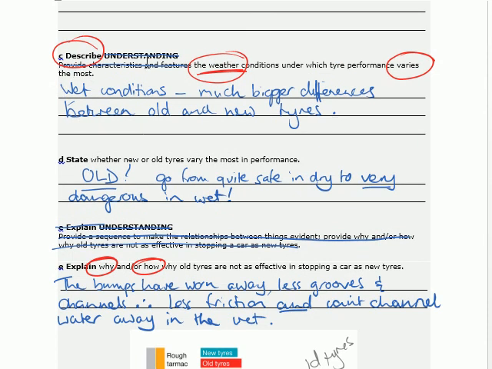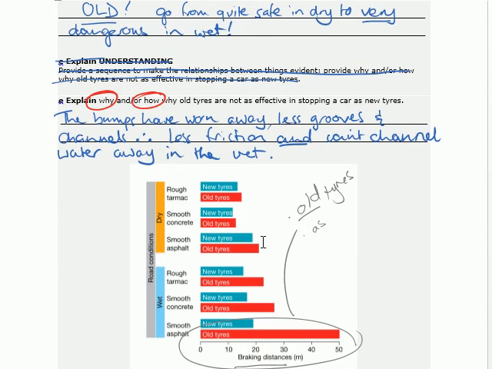Part C, describe the weather conditions under which tyre performance varies the most. Okay, so what we're talking about is the weather, not the road surface. And we're talking about it varying the most, so the biggest difference between the different things. So looking at the graph again, all of these, see there's not actually much difference between new tyres and old tyres.